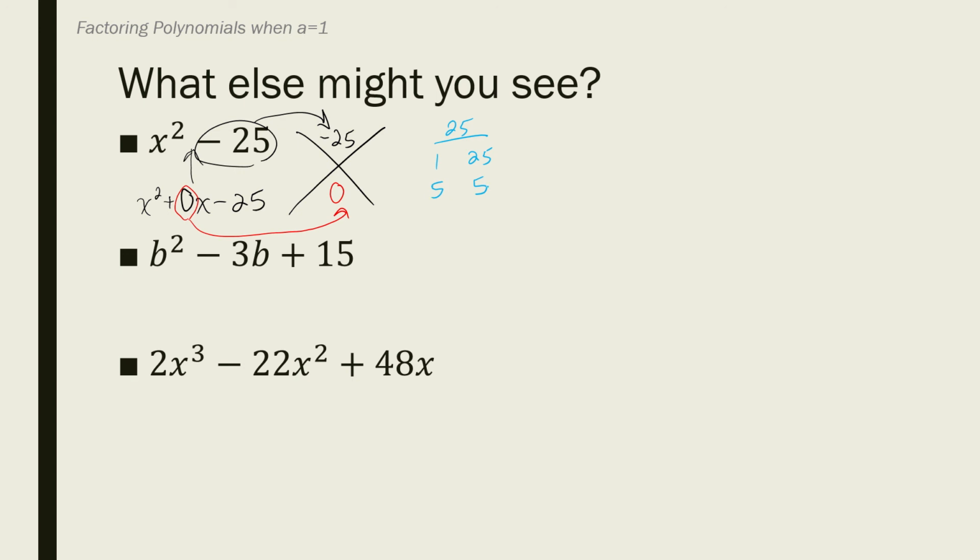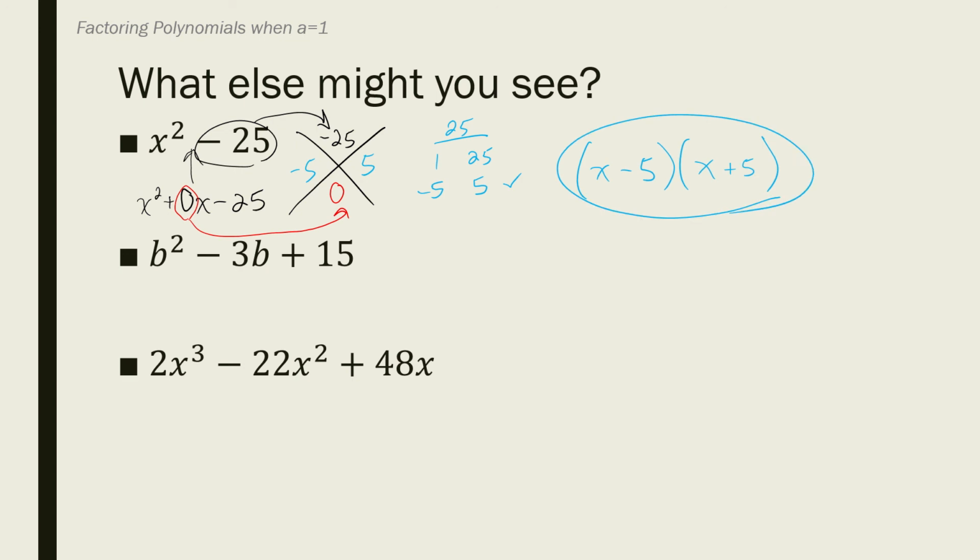However, if I look at 5 and 5, if I make one negative, negative 5 plus 5 will equal 0. That is the one that I'm looking for. So factored binomial, we're talking about x's again. I have minus 5 in one set of parentheses and plus 5 in the other. And that is our factored answer.